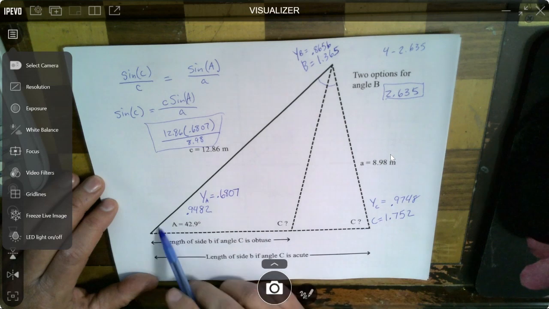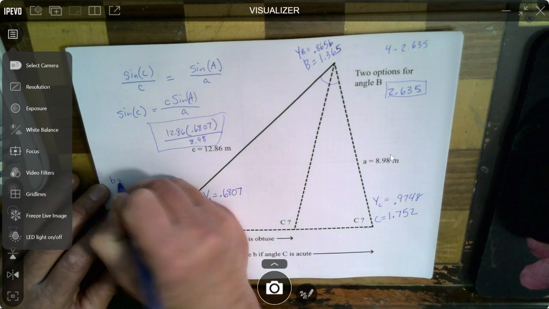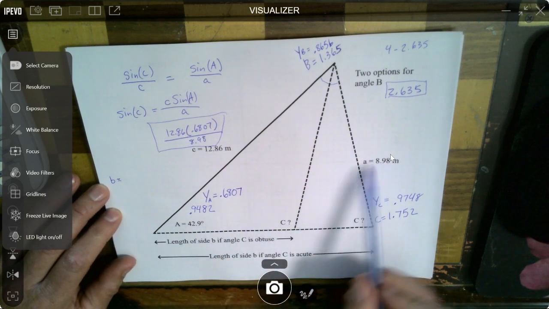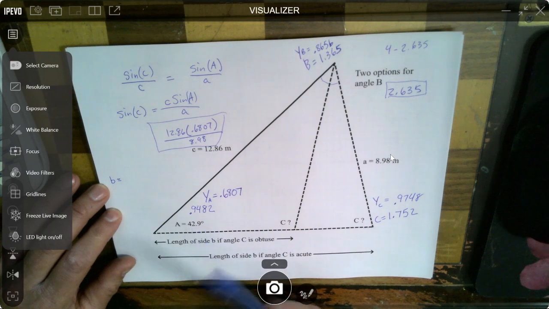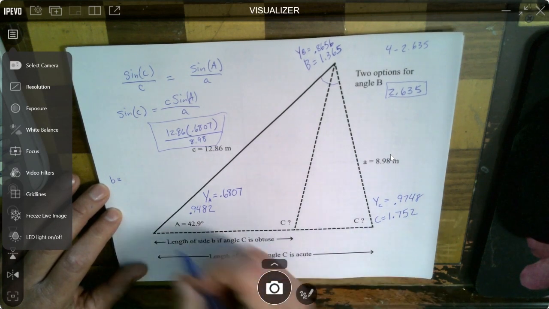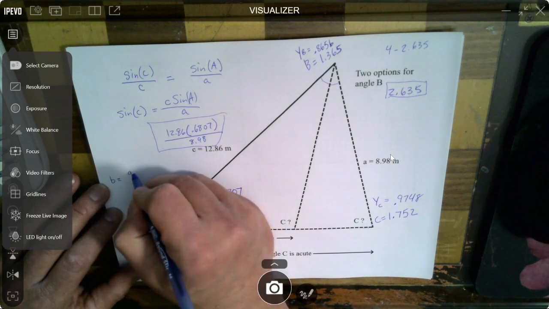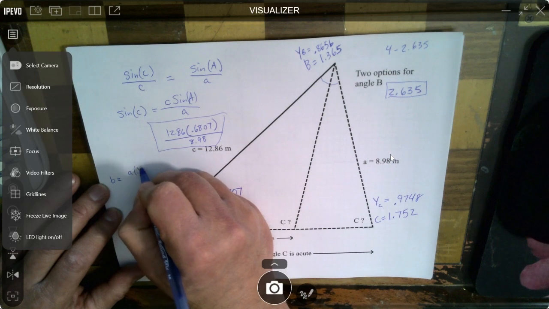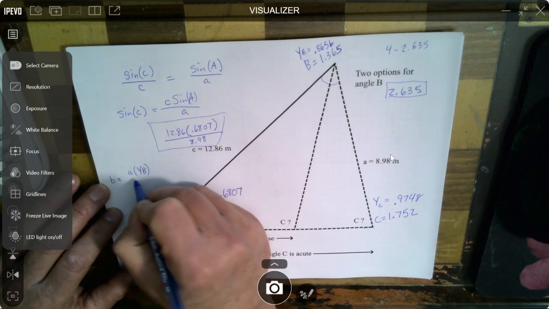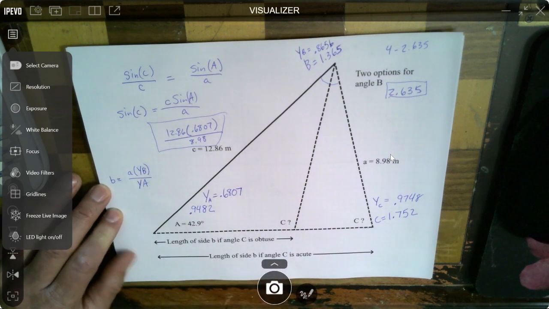Side B is going to be equal to A times the sine of B over sine of A, since that's what was given in the problem.